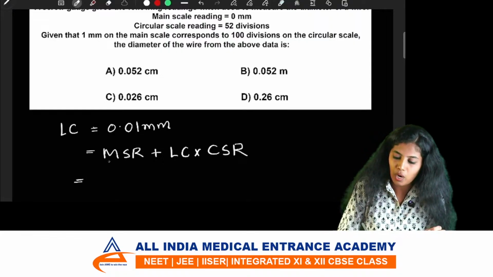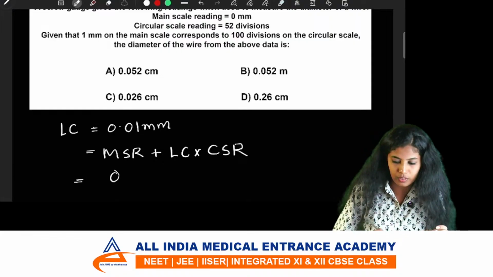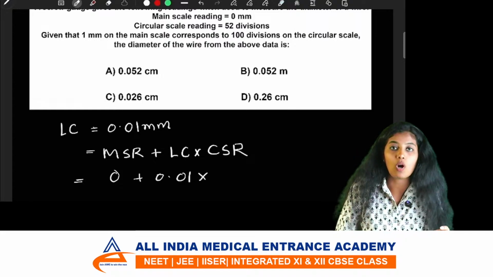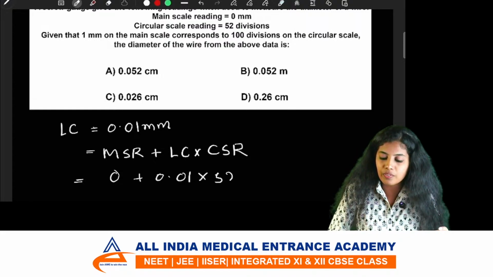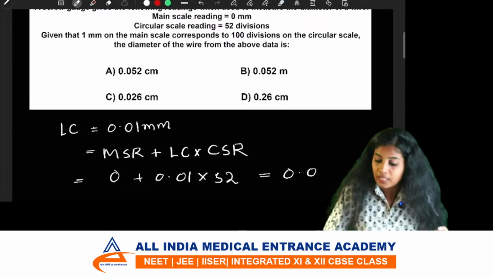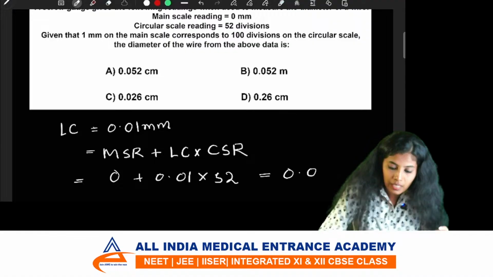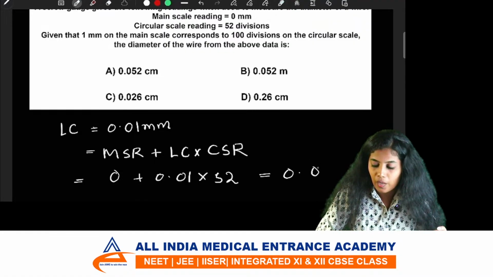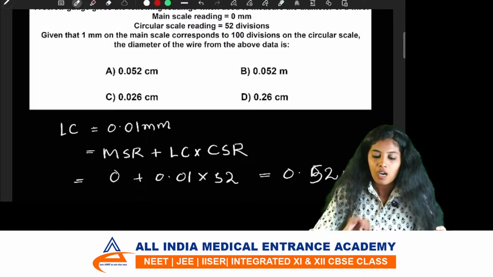What is the main scale reading? 0 is the main scale reading. And what about the least count? 0.01. And what about the circular scale? That is 52. And we got the answer of 0.0... it is not 0 actually. It is 0.52 millimeter.